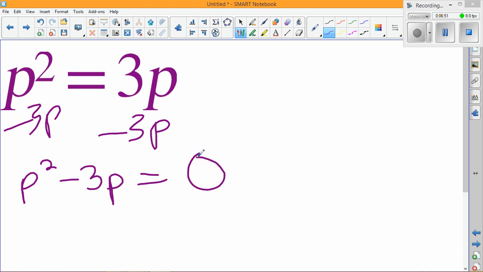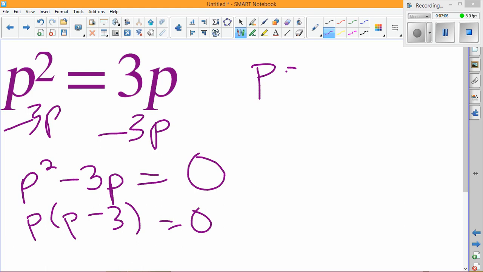Now I can factor out the p, and now I have two factors multiplying together that give me a product of 0. So that means either p is 0, or p minus 3 is 0, and p is equal to positive 3.